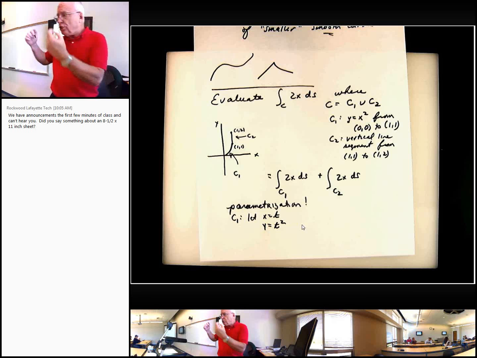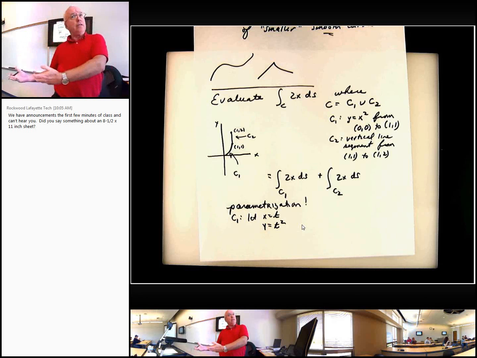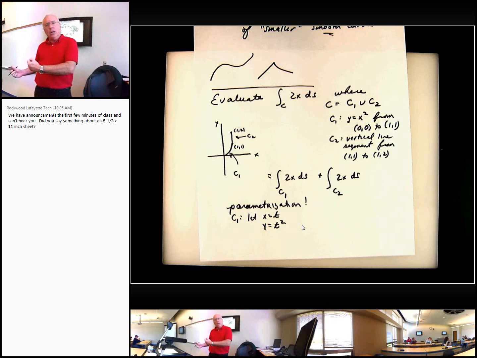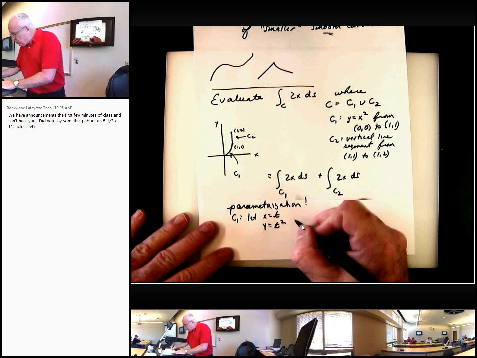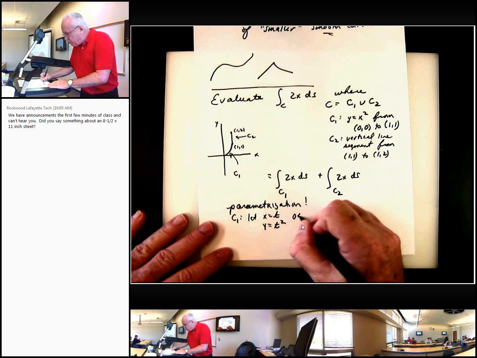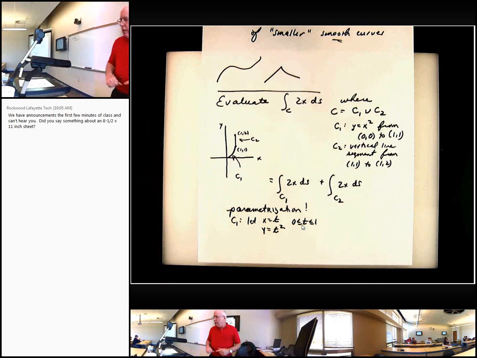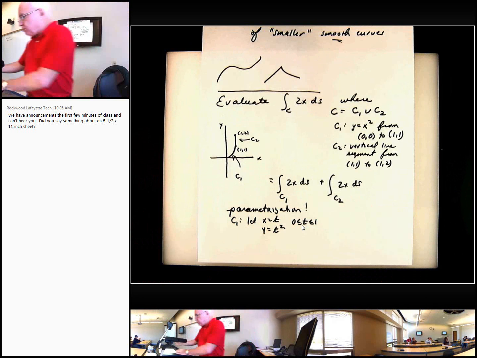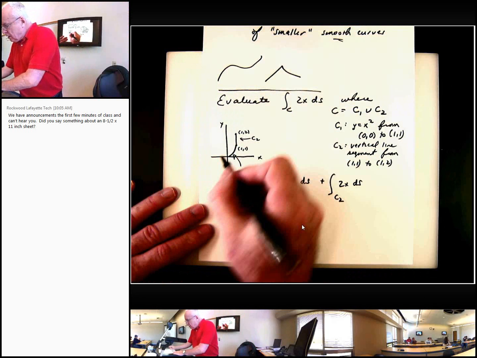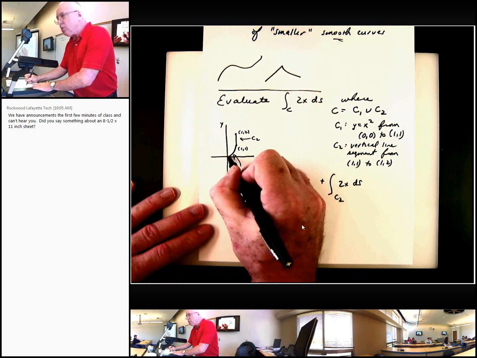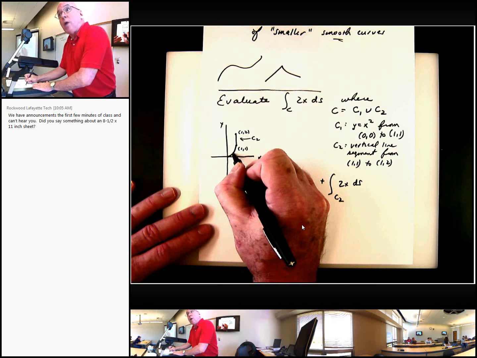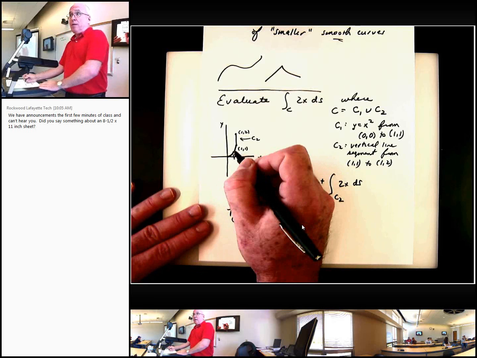So I couldn't just pick anything. t is going to go from 0 to 1. It has to match up. For t starting at 0, we're right here at the origin. As it progresses, we have to make sure we're staying right on the curve, all right? So there are limits.